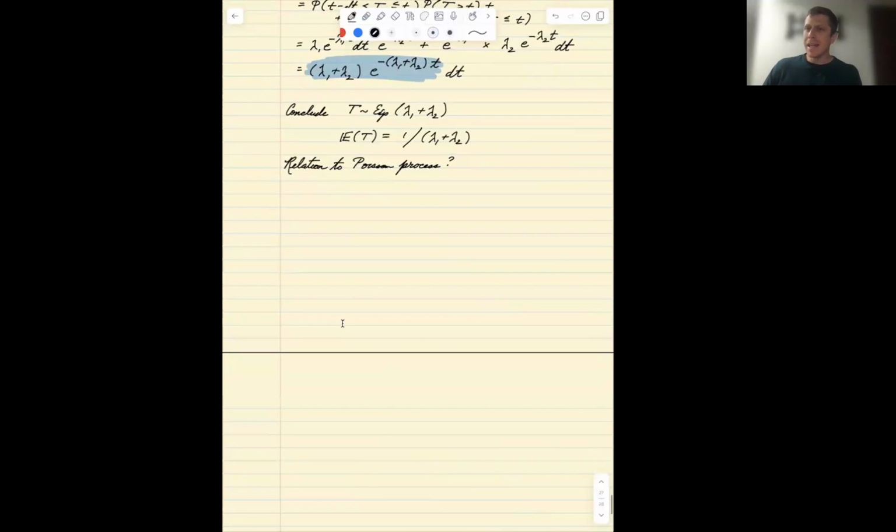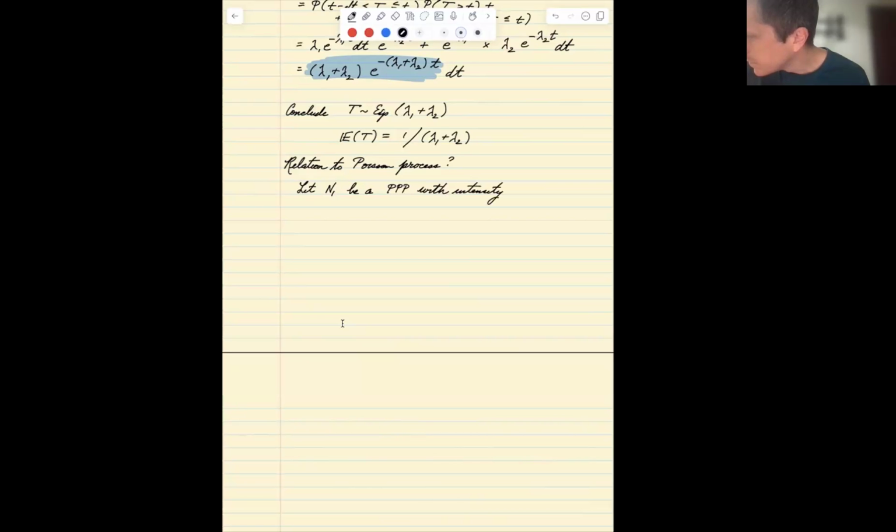What we can actually do is model, let N1 be a Poisson point process, PPP, with intensity lambda 1, and N2 be a Poisson point process with intensity lambda 2. So these are counts, right? And the process N1 is independent of the process N2.